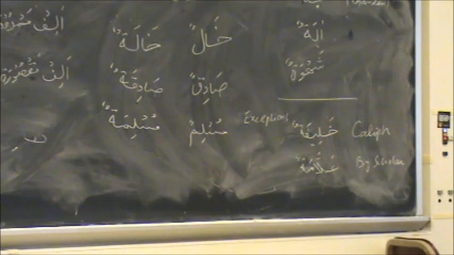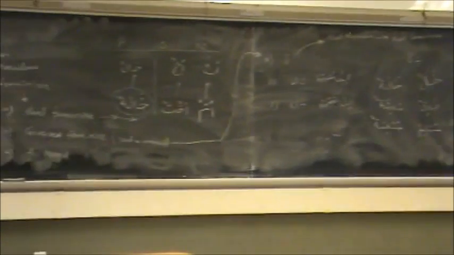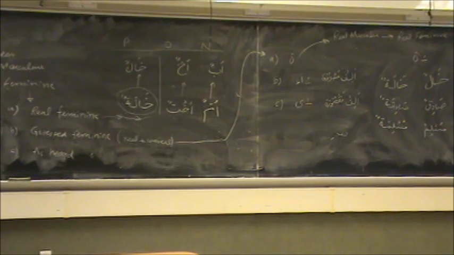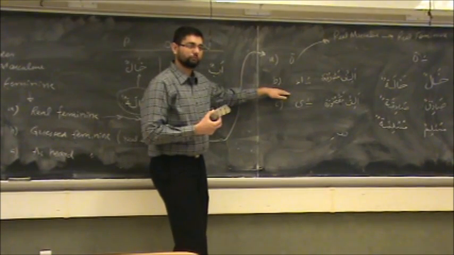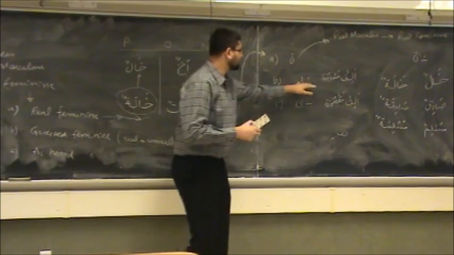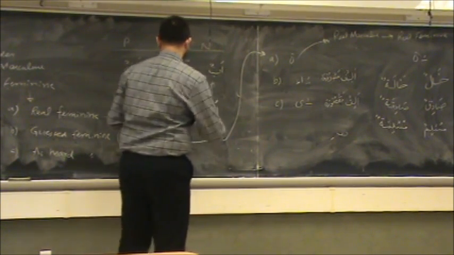So that is our first identification with circular ta, ta marbuta. Right? Now the second identification. We'll have to remember these three, right? And so the second is that have this pattern at the end. And the examples are here.